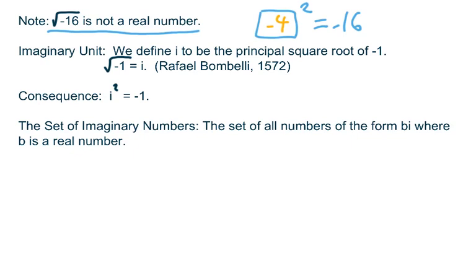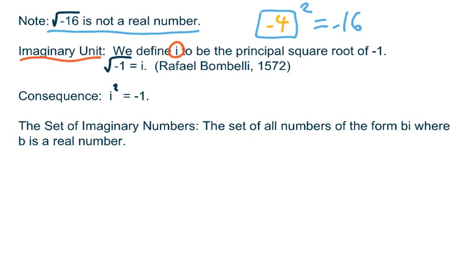So what is that? Well, at some point, mathematicians developed the idea of what we call the imaginary unit, i. We define i to be the principal square root of -1.